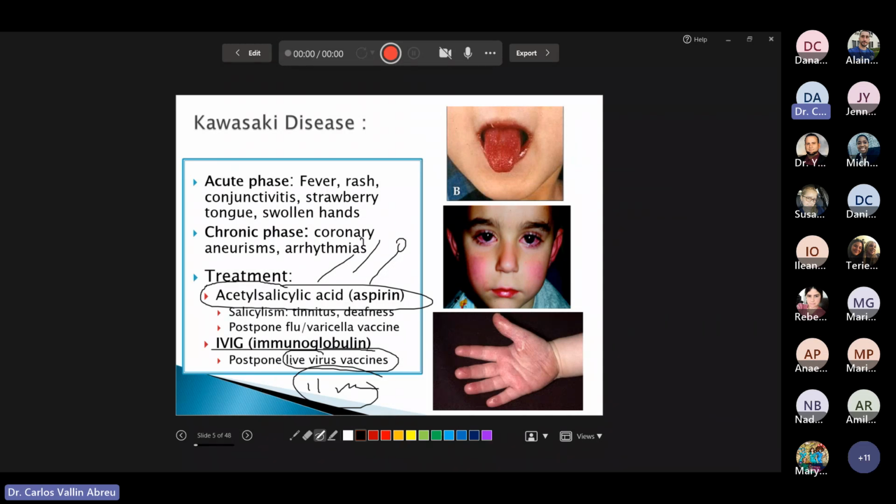And the live viral vaccines, MMR and varicella, need to be postponed 11 months because otherwise the vaccine won't work. Those are the most common questions in English that nurses need to know about this detail of Kawasaki disease.